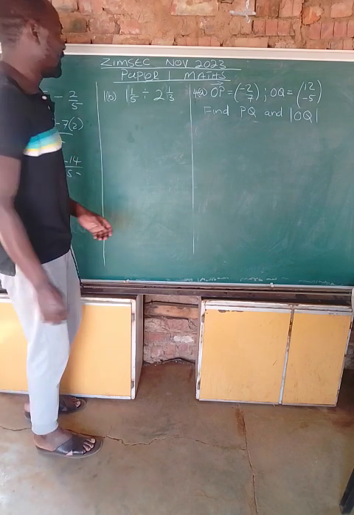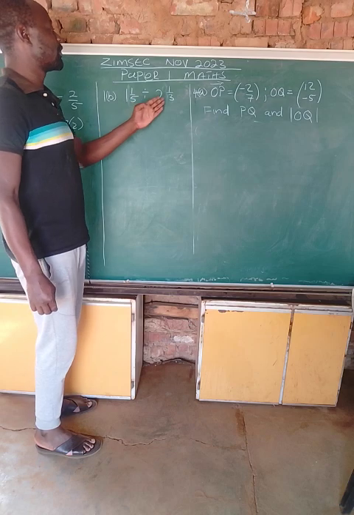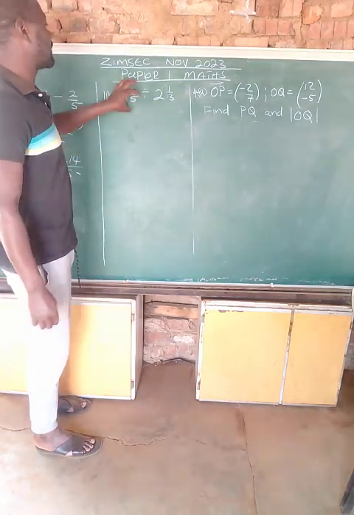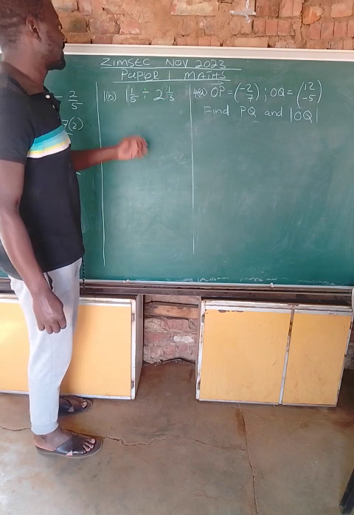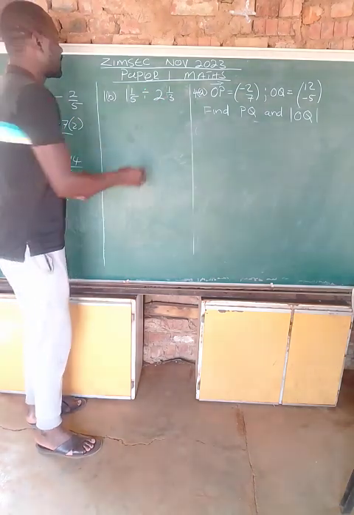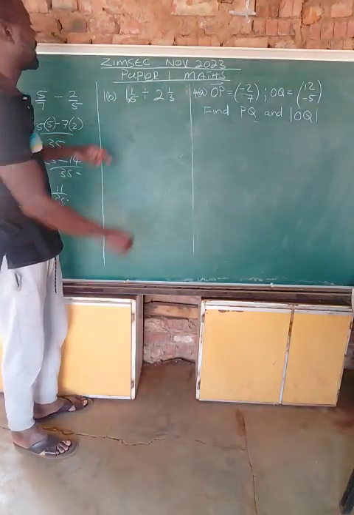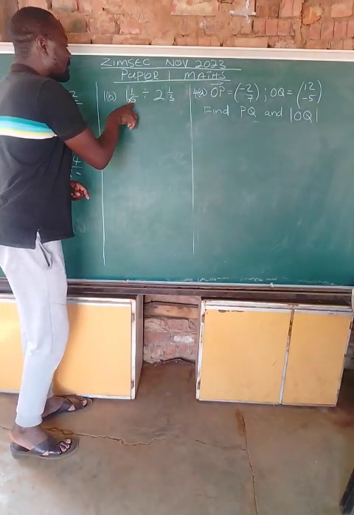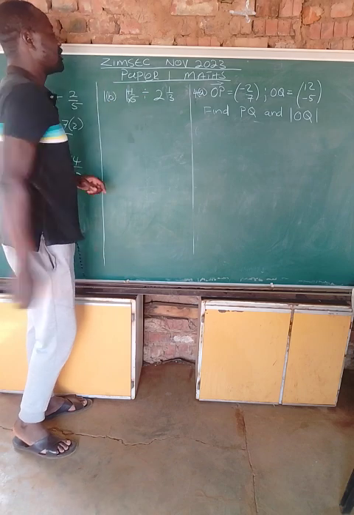We go on again here. 1 and 1/5 divided by 2 and a third. So here, this is a mixed fraction. Change it to an improper fraction. How do we change it? Multiply the denominator by the whole number, then you add the numerator.